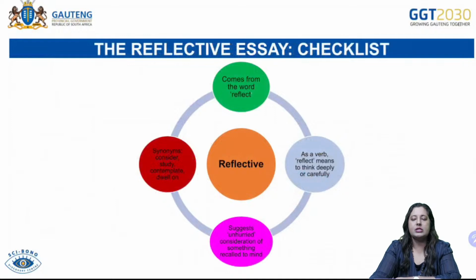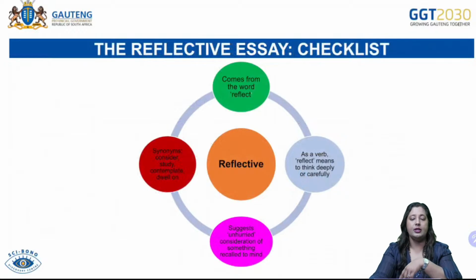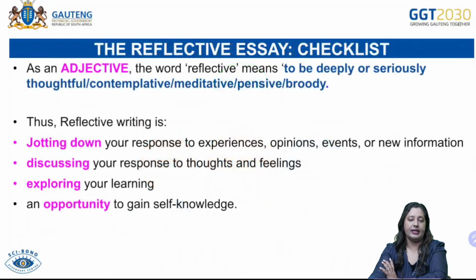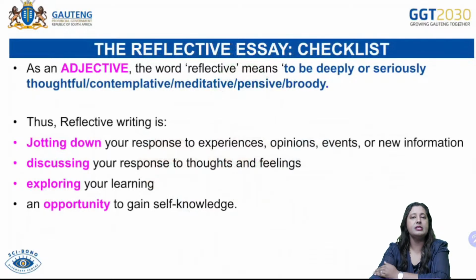More importantly, you'll go through your checklist as well when you are preparing to make sure that you have looked at what the reflective essay is all about, and you've included the main ideas there as well. That makes it a reflective essay. Right. Therefore, grade 12s, when you're using the reflective essay genre, please jot down your response in terms of your experiences, your opinions, or any information you think relevant.